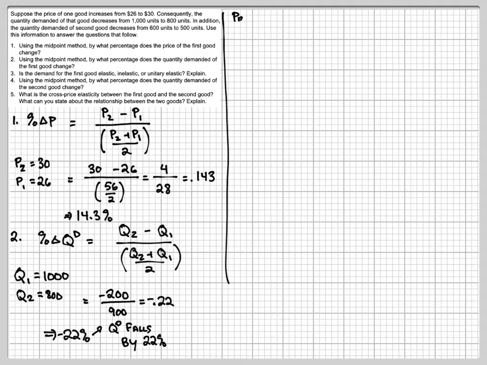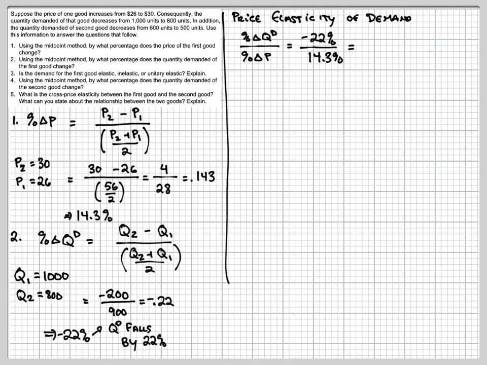So the price elasticity of demand is the percentage change in quantity demanded divided by the percentage change in price. So this is negative 22% divided by 14.3%.